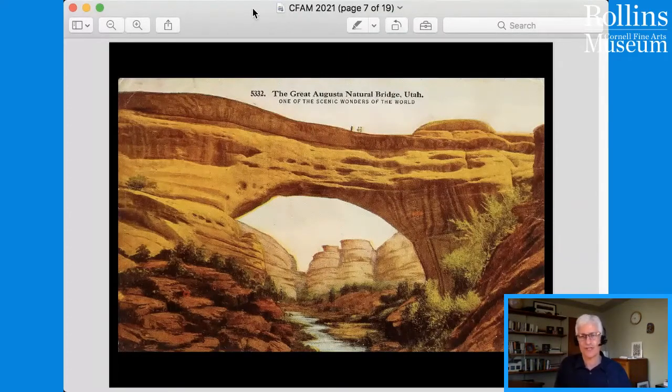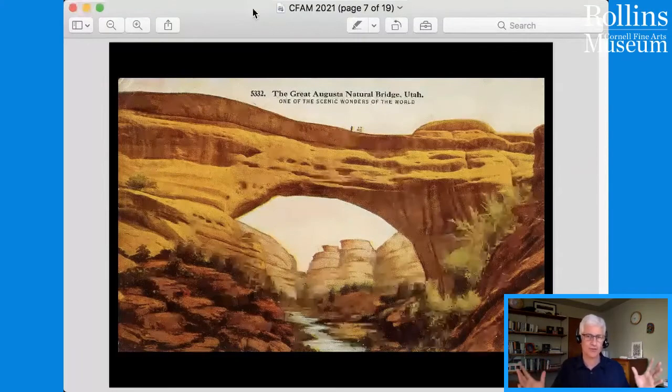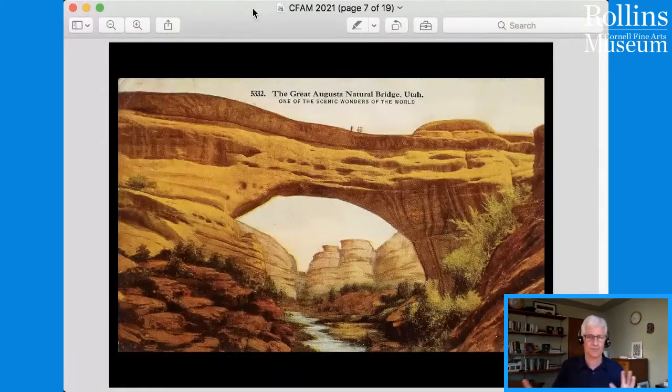they were generated to try to lure tourists out to the western United States in the early days of the railroads back in the 20s and 30s, trying to get tourists to come out and visit these sites in the western United States. And obviously for people back east, these postcards and posters played a big role in shaping people's perceptions and popular perceptions of these western landscapes.